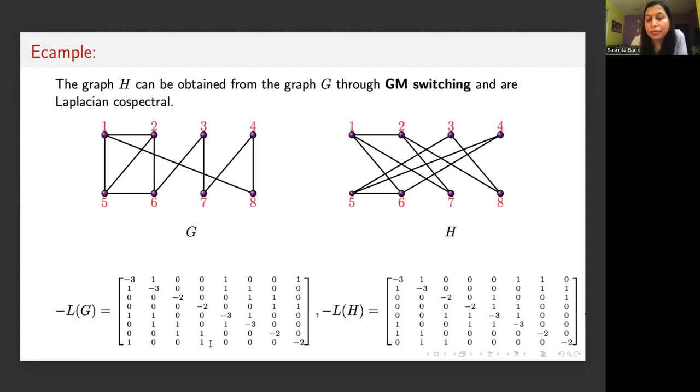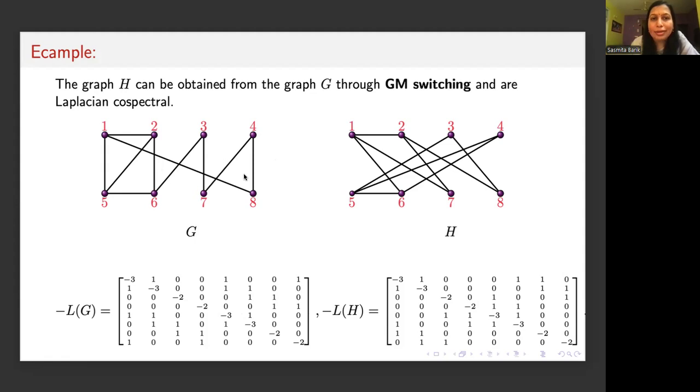You can see the right-hand side top block in minus L_H has been switched. There were 1 1 and 0 0 that has been taken as 0 0 1 1, and like that in the second column also. So the switching has been done in that block. That way these two graphs can be obtained, and both are non-isomorphic and Laplacian co-spectral.